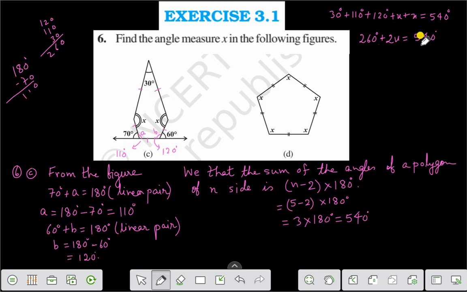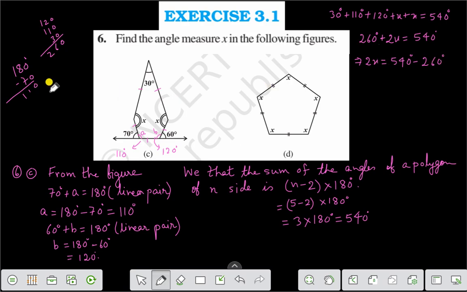Or you can write 2x is equal to 540 degree minus 260 degree.